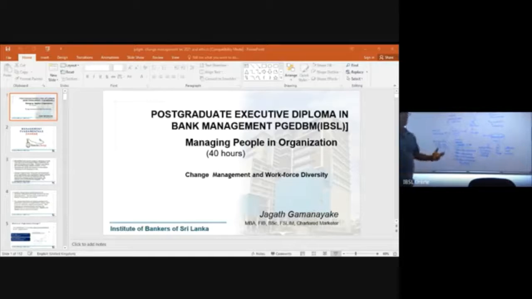First, we need to understand resistance to change due to job factors, personal factors, and social factors. Under that, we discuss different types. And then the second method we discuss is resistance to change due to physiological, psychological factors or economic factors.